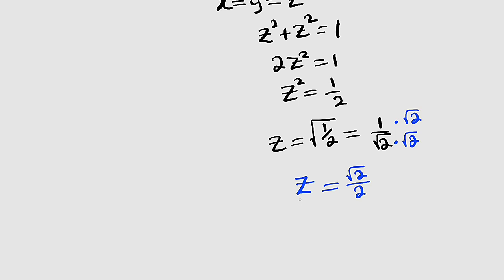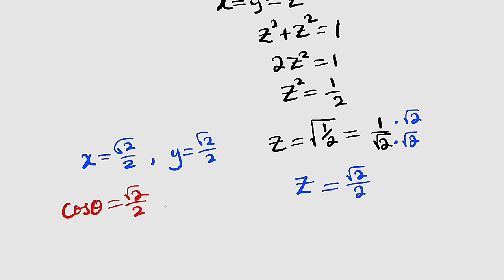But remember that z equal to x equal to y, which implies that x equal to root 2 over 2, y equal to root 2 over 2. But what can you remember about x and y? X is what? Cos theta. Cos theta equal to root 2 over 2.